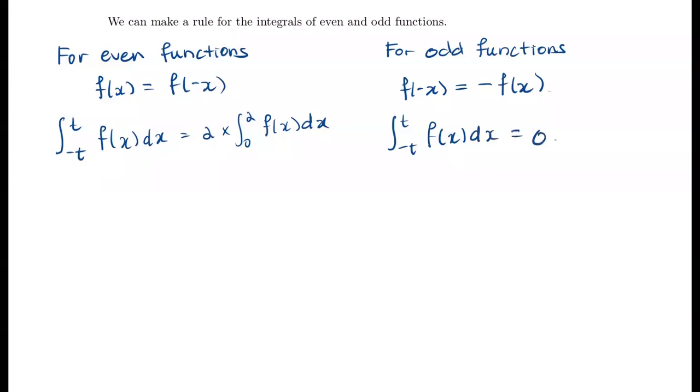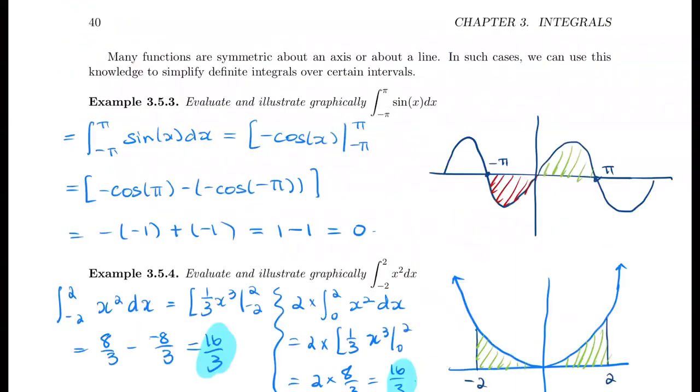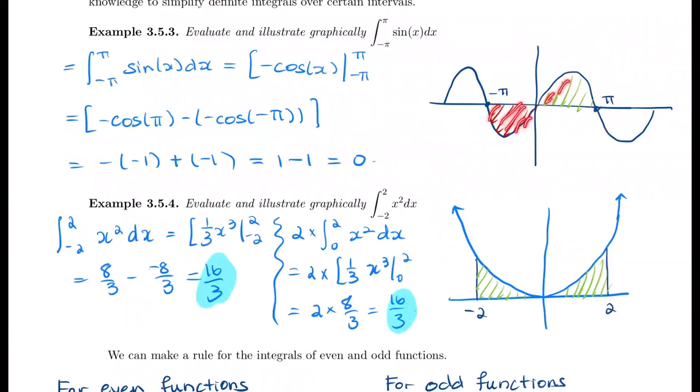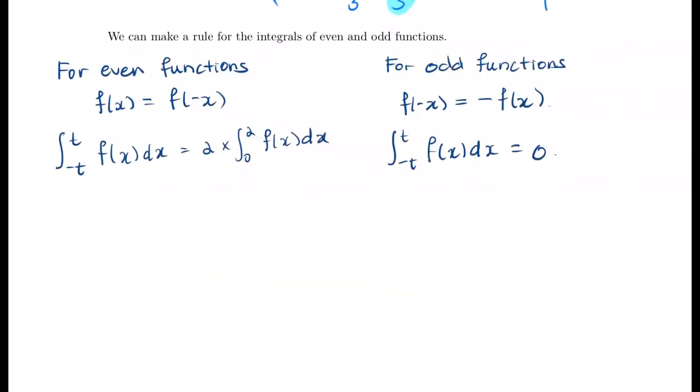We can see this from the sine function example. From negative pi to pi, the distance from negative pi to 0 is the same as the distance from 0 to pi, so this area and this area cancel out with each other. So the area is going to be 0. Okay, so that's for this part.